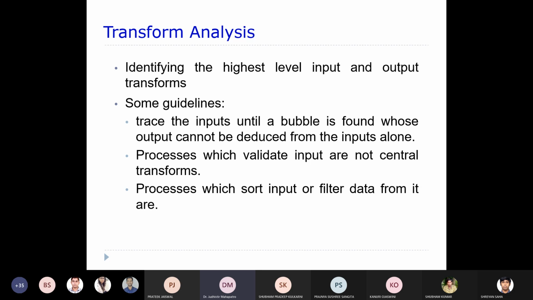This is also a kind of processing, but it is not part of the central transform; these are just validating processes. Processes that do logical processing, maybe sorting of some inputs, really require a sorting algorithm to sort a certain amount of input data. Based upon this input, some output will come.